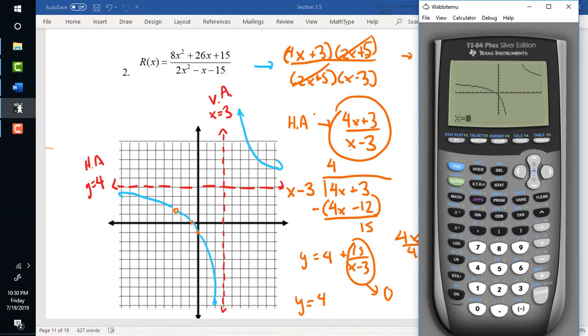So I type negative 2.5 here, and notice nothing comes out. I don't have anything at y. So that means it doesn't exist, so I have a hole there. So that's what you have to do analytically, okay? But for example, when I plug in x equals 2, it does give me a y value, okay?